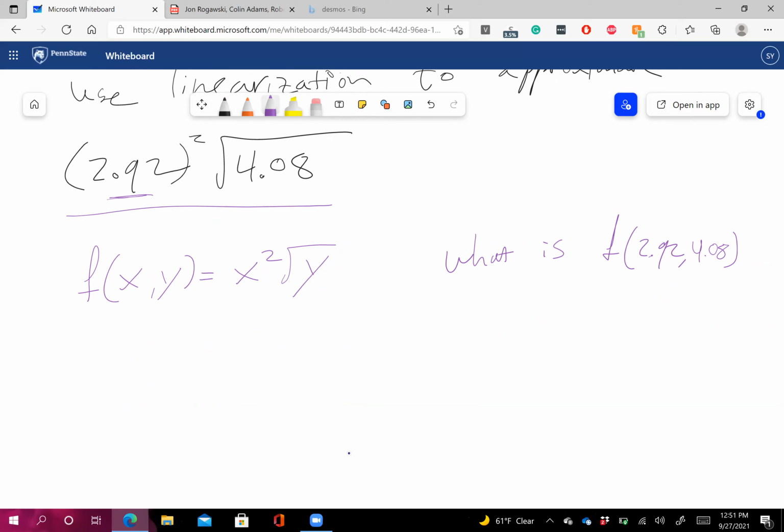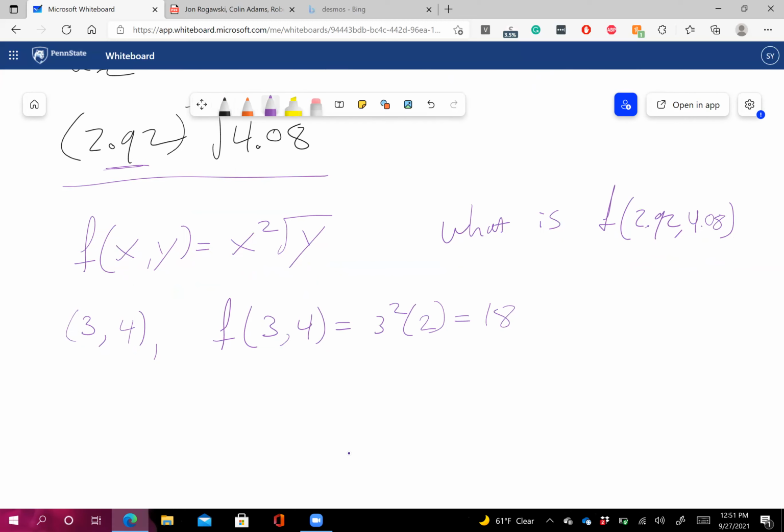So that would be the point 3 for our x and 4 for our y. And again, we now need 3 pieces of information. What is f of 3 comma 4? So that's going to be 3 squared times 2, which is 18.